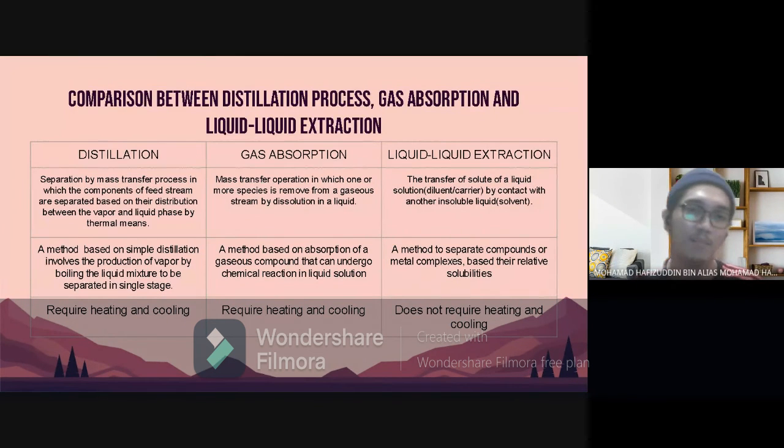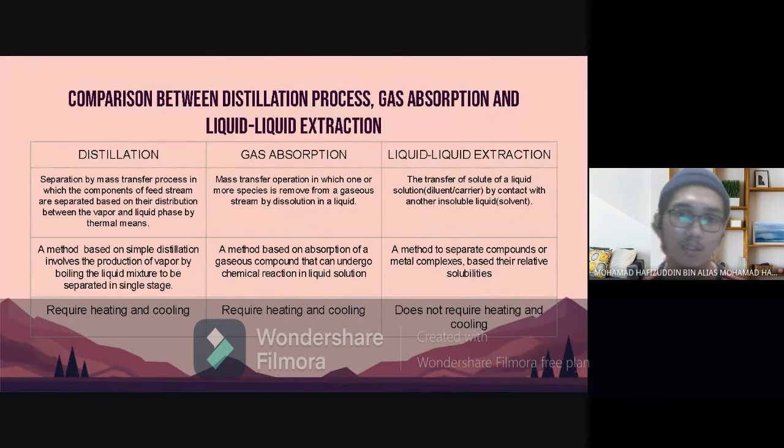So for the last, I, Muhammad HAFIZUDDIN, will present about comparing the distillation process, gas absorption, and liquid-liquid extraction. So we compare based on the definition, method, and the process required. So for the definition of distillation, distillation is separation by a mass transfer process in which the components of the feed stream are separated based on their distribution between the vapor and liquid phases by thermal means.